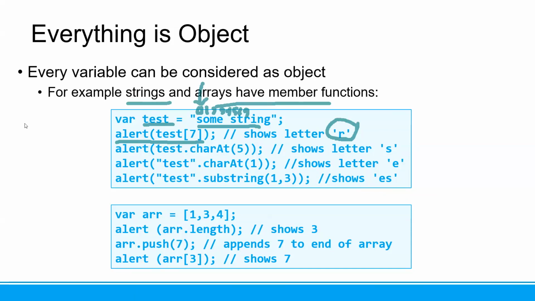We want to check what is the character at a particular location. So test is the string, and I'm going to check what is the character at the index 5. In the index 5, the letter is S. And I want to know the word test. What is the difference?